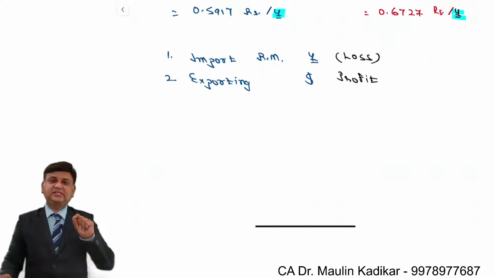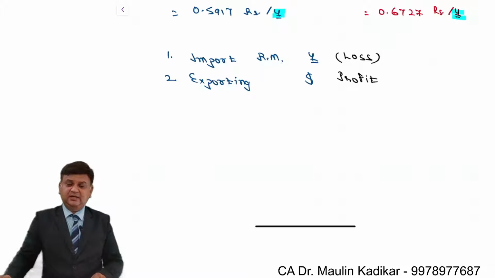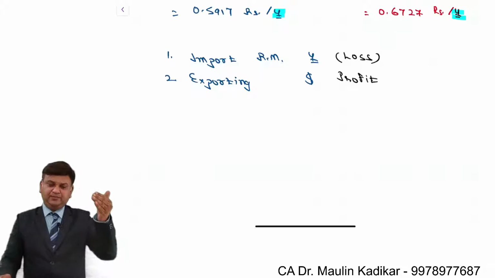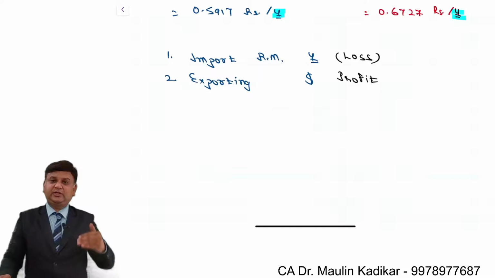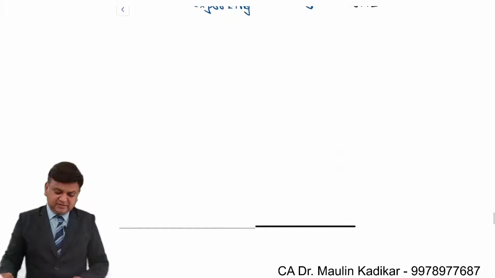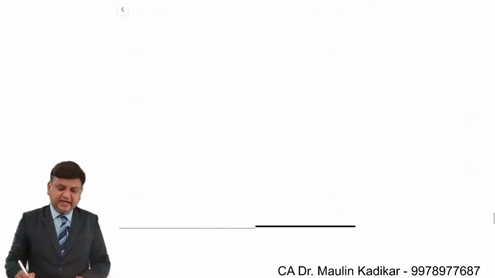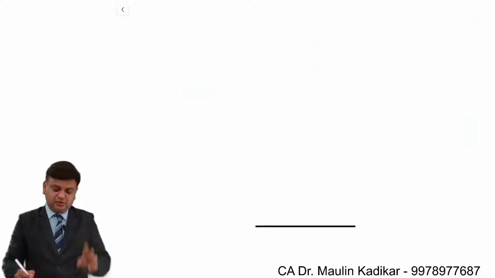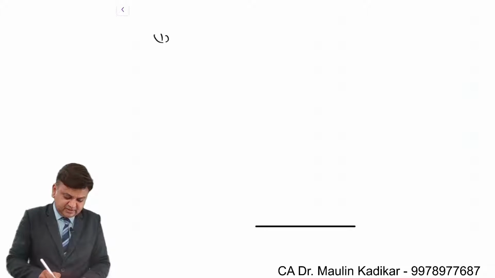Whatever this change in the foreign currency, and because of that you are able to increase your profit, or because of that your profit reduces, is given the name transaction exposure. Whenever you have foreign exchange dealing, at that time you have three kinds of exposure. One is the transaction exposure.